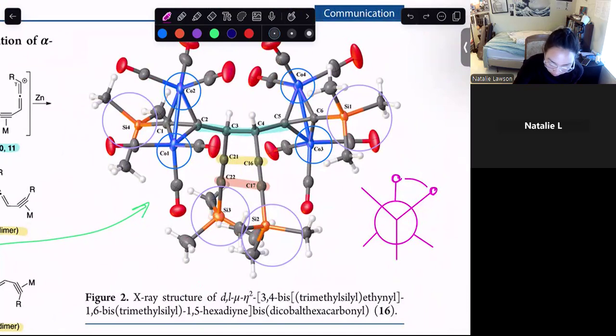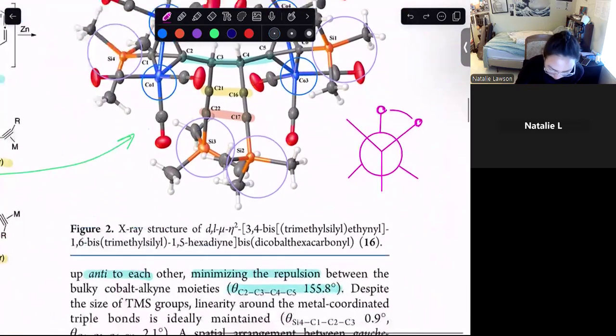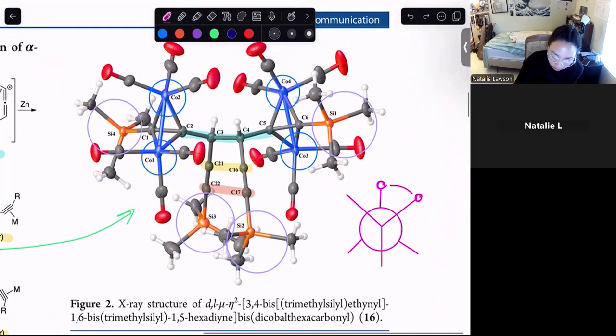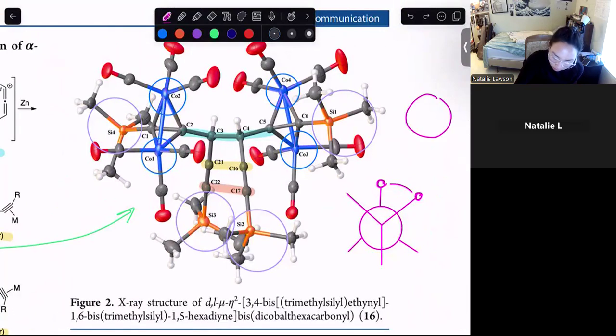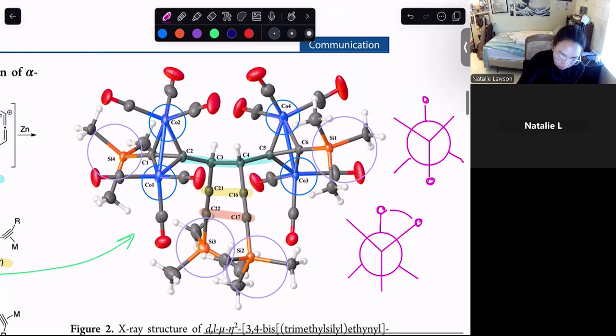And then they're saying the cobalt are anti to each other, and we can see that. So anti is like this. So they're completely 180 degrees from each other. So you can see that right here.